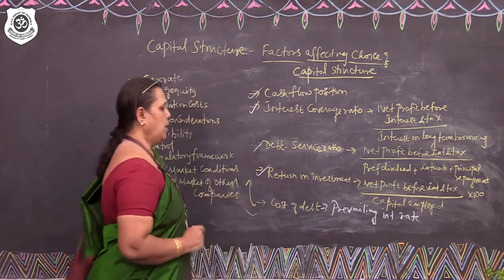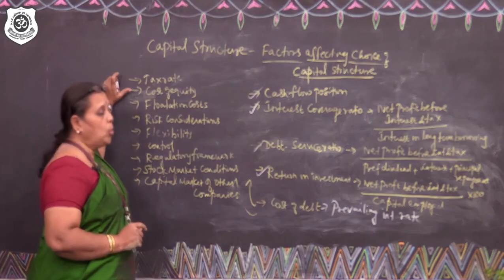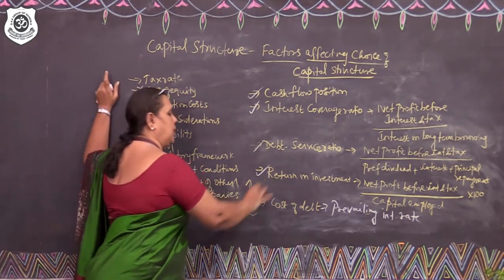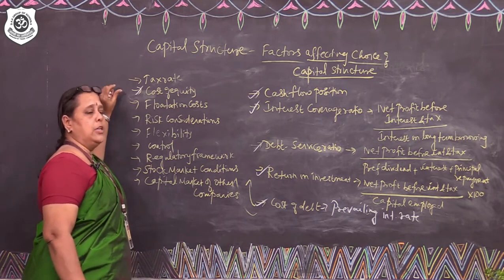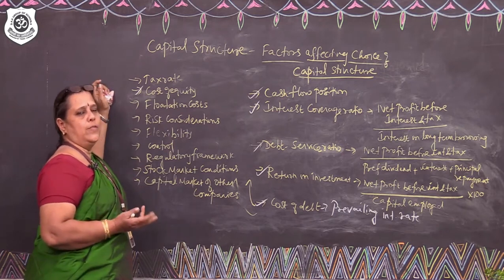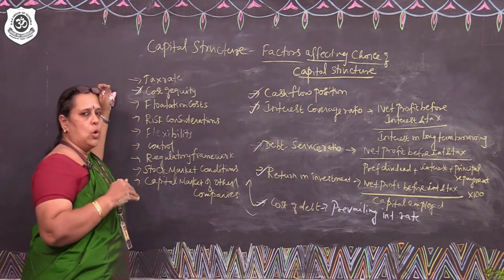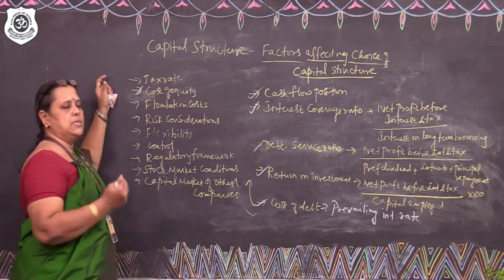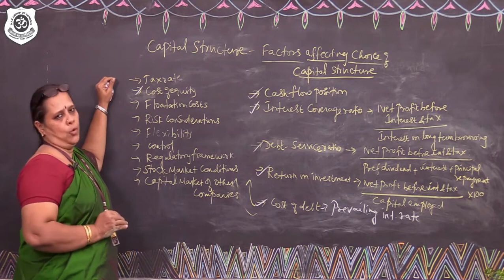Now coming to the next one, after cost of debt, we cannot ignore cost of equity also. Though we say that equity shareholders do not carry a fixed return on investment, there is a general expectation that if the rate of interest payable on the borrowed capital is more, then the return available to the equity shareholders will come down. When it comes down, the shareholders' interest in purchasing shares comes down, which means the market price of the shares will come down.